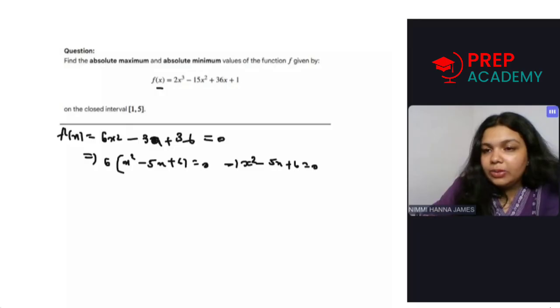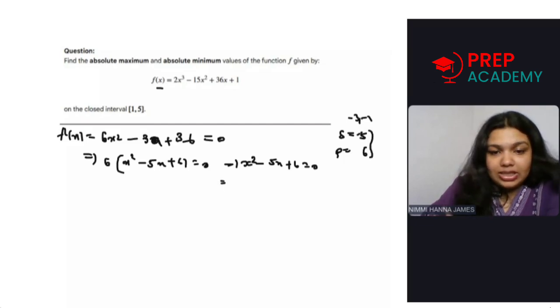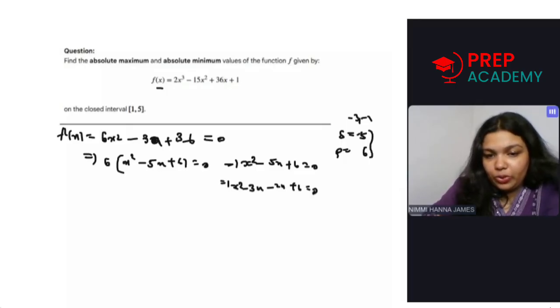So I'm going with the splitting the middle term method. We want to find two terms such that their sum is equal to minus 5 and product is equal to 6. It is very simple, minus 3 and minus 2, right? Minus 3 minus 2 gives minus 5 and minus 3 into minus 2 gives 6. So we can split it: x square minus 3x minus 2x plus 6 is equal to 0.